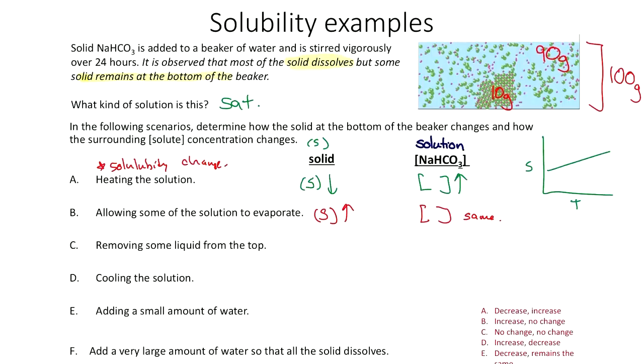No, we didn't. It's still a saturated solution. We just reduced the amount of water we have available to dissolve stuff by half. The concentration is the same, right? Because remember, concentration is an intensive property. And so all of that excess solute that we can't dissolve anymore just gets sunk at the bottom. So that solid amount increases, concentration stays the same because solubility did not change at all.